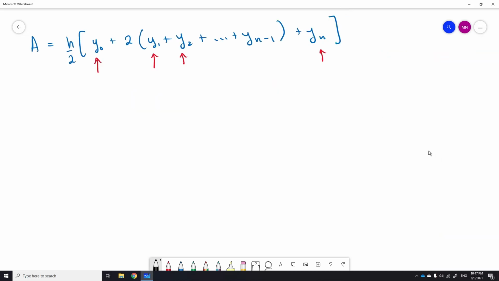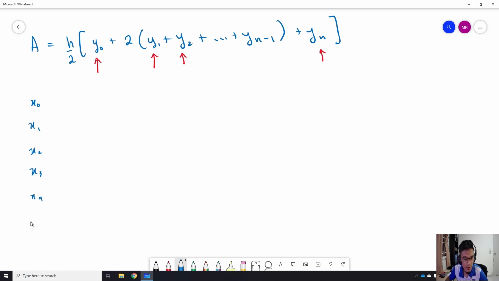Okay, before we proceed to the value of y, we have to find the values of the ordinates x0, x1, x2, x3, x4 and x5. You can refer back to the formula for ordinates: x0 is equal to a, x1 equal to a plus h, x2 a plus 2h, a plus 3h, a plus 4h, sorry, 4h, and a plus 5h.